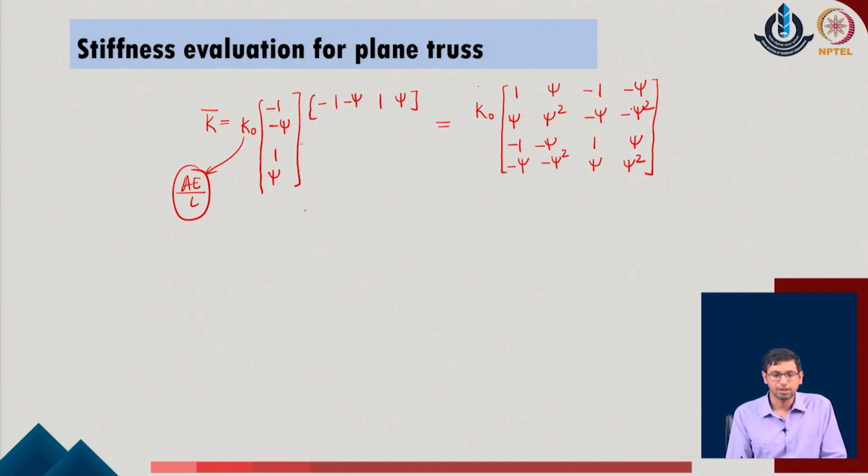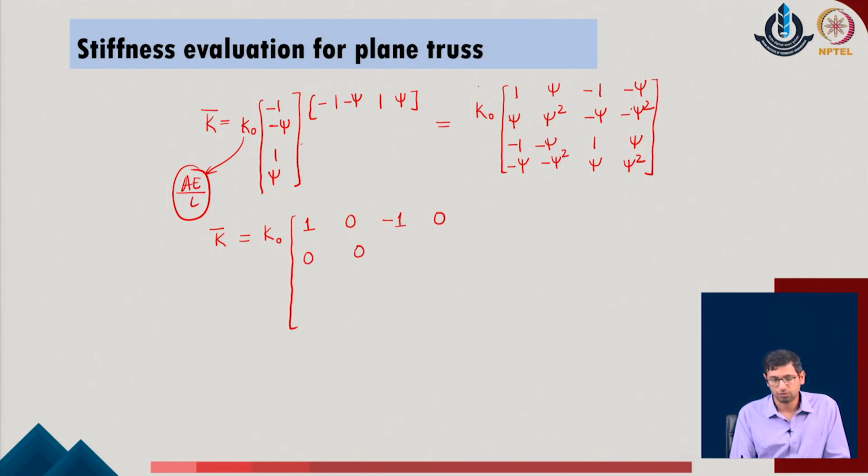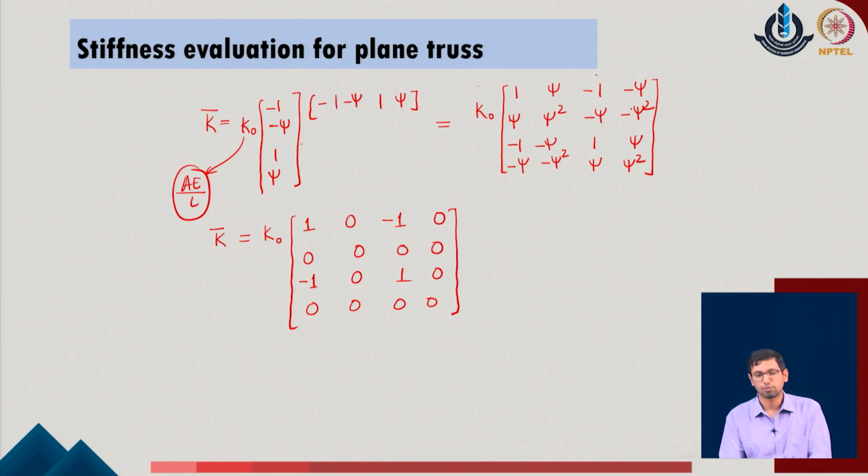What it eventually means, if I now break this system into two parts, we need to understand that k naught can be written in this system such that I first take only the constant values of the given system, which are 1, 0, minus 1, 0, 0, 0, 0, 0, minus 1, 0, 1, 0 and 0, 0 values. So, from this given matrix, I just took the constant values first and separated them from the system.